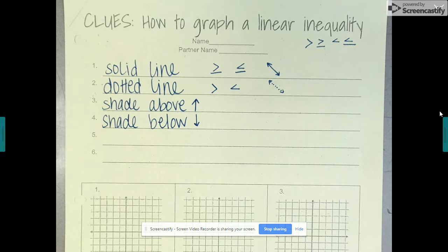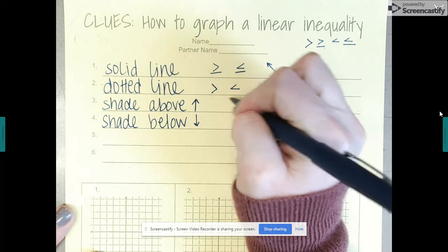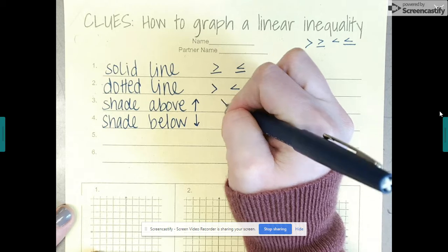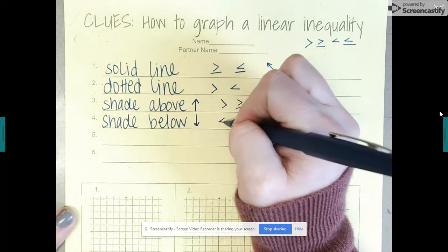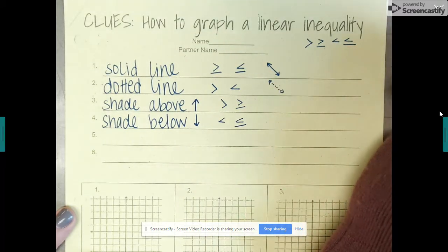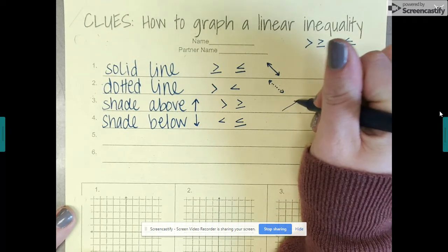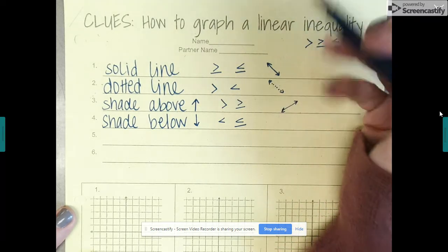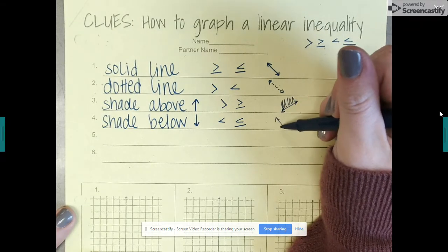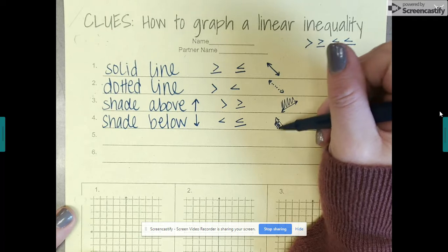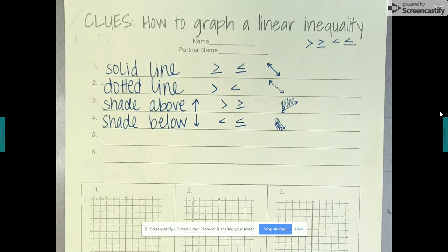So in this case, when we're graphing on our coordinate planes, we're going to shade above or below. Shading above will be y is on the left-hand side, would be greater than or equal to. And then shade below would be the less than or equal to. Okay. So for instance, just an example, let's just say we have this line and we would shade above it. That's what we would do. Or if we have this line and we're shading below, we would shade below. Okay, so those are just examples.